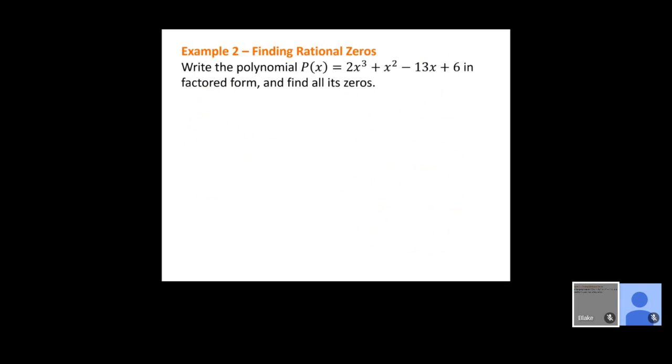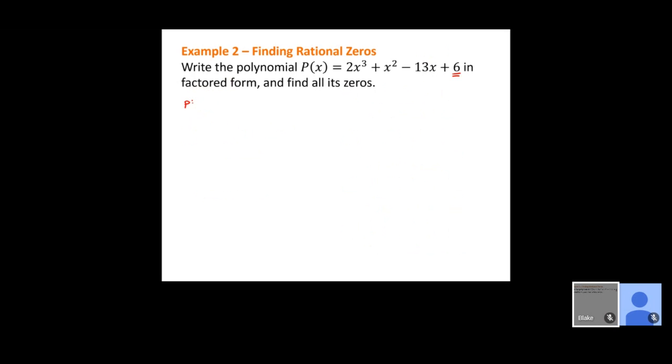All right, so now we're going to write this polynomial in factored form, and the way we're going to do that is we're going to find all the zeros, which should give us all the factors. Okay, so first thing again, we want to do our p's and q's. I'm going to think about my p values here. Remember, the p's are going to be the factors of the constant term. Well, in this case, my constant term is the 6. So I'm thinking about the factors of 6.